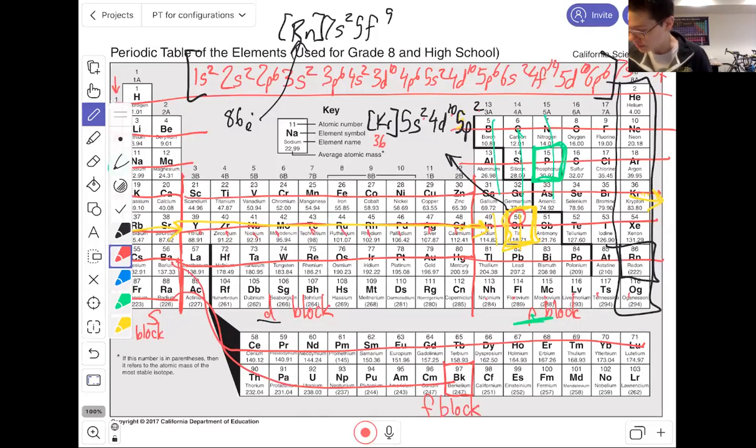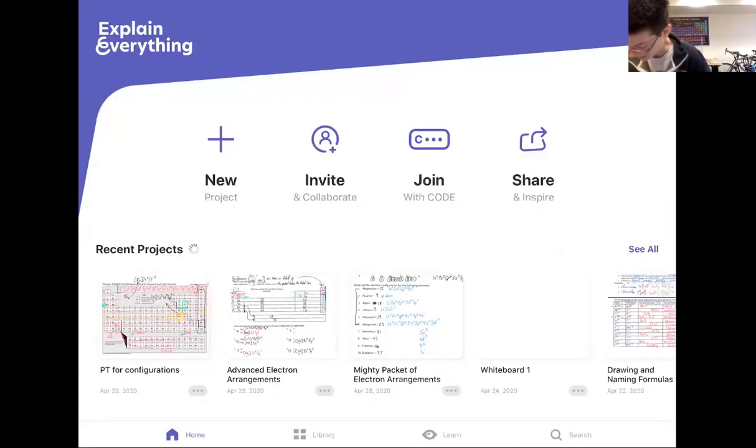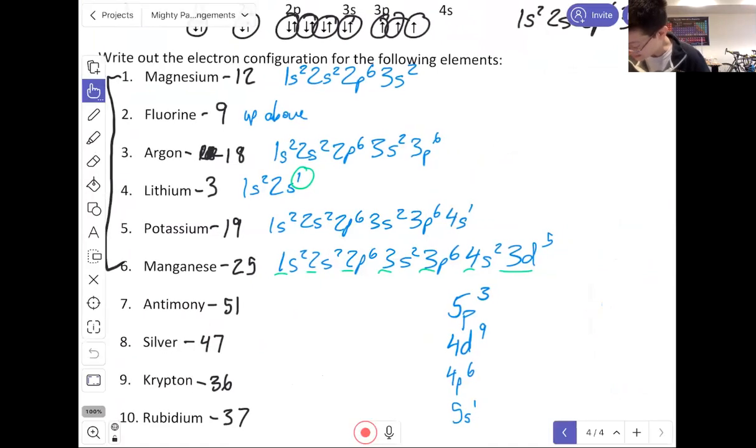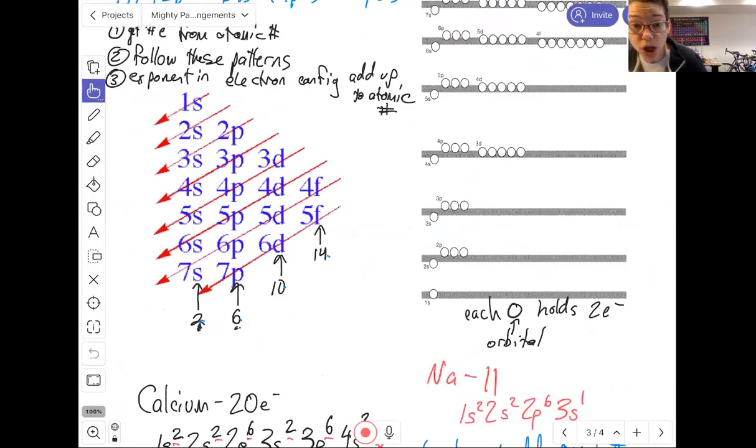So here's what I will say. The College Board does not care which method of configuration you use. You can use the long form or the short form. It does not matter. They tell the same information. So if you are more comfortable counting up electrons, cool.